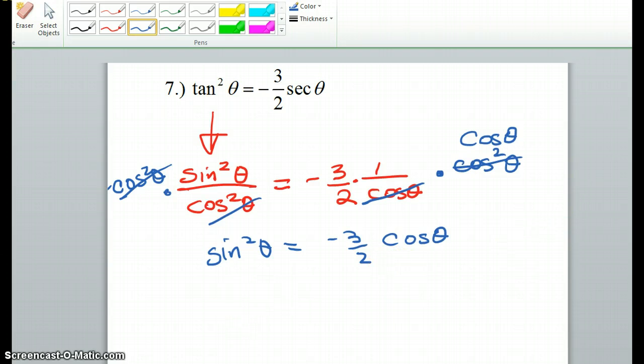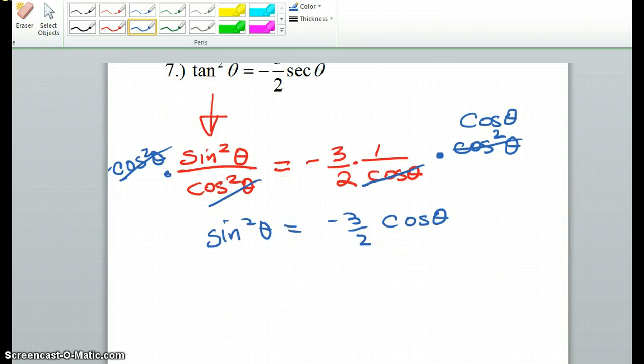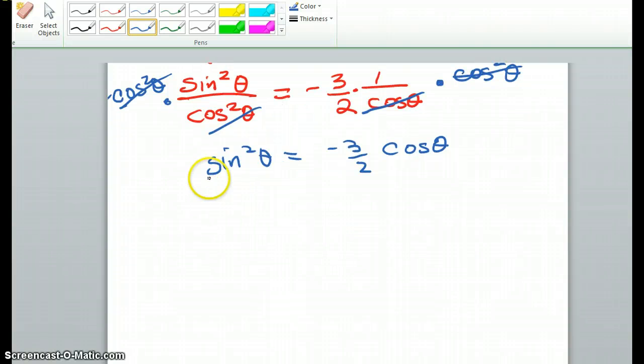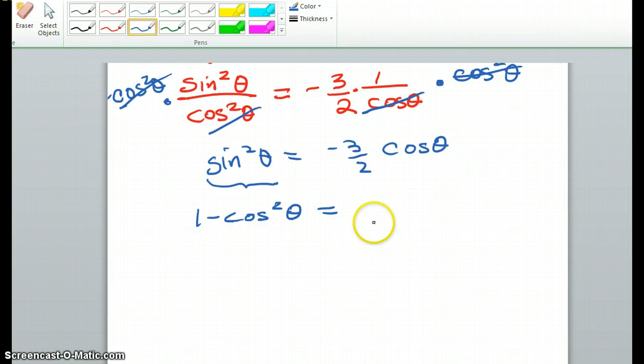Okay, so now we're back into our stage here where we have sine squared theta and we have cosine. We need to put them into one unit, either cosine or sine. And since this is sine squared theta, we know this is 1 minus cosine squared theta by our trig identity.